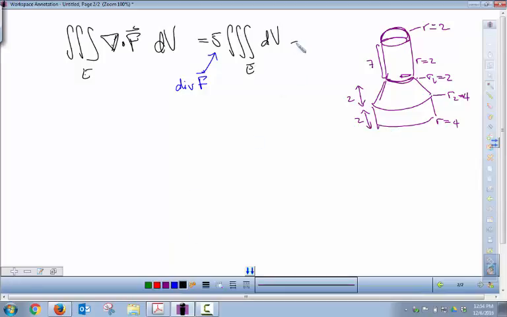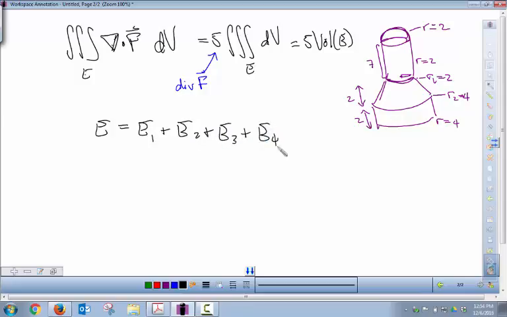So this, by the way, is just going to equal 5 times the volume of E. And then E happens to be 4 different solids. Well, we can do that when we're dealing with the flux. We can deal with that separately.